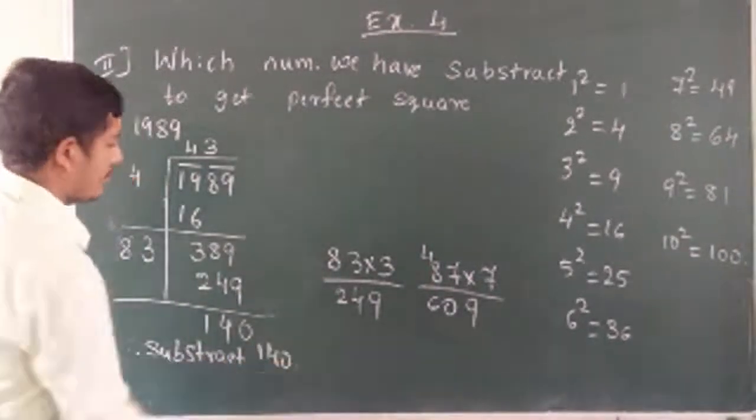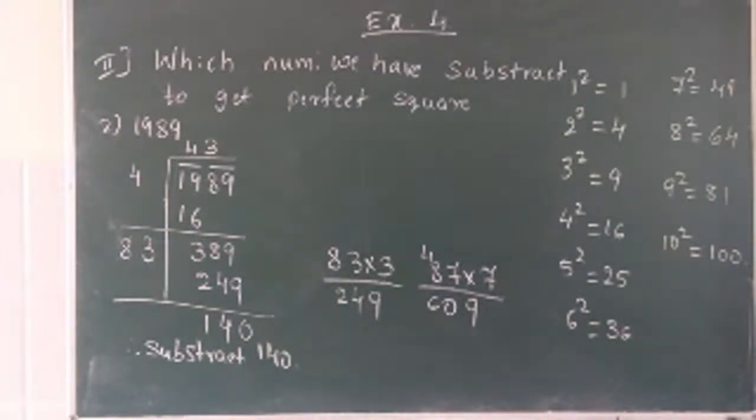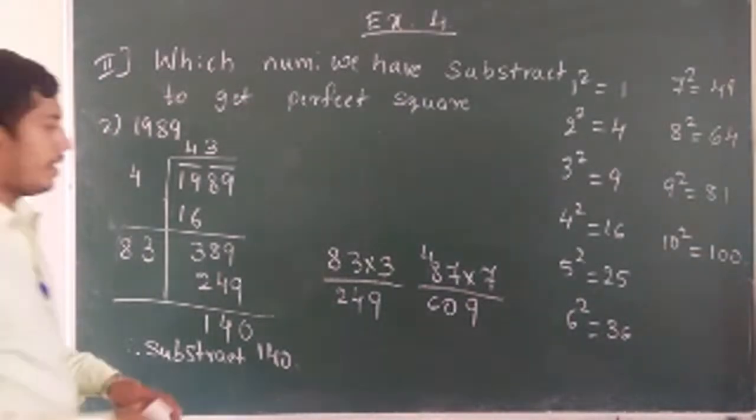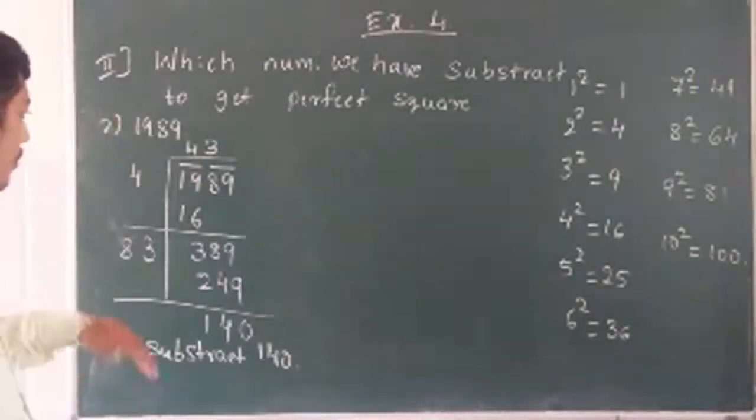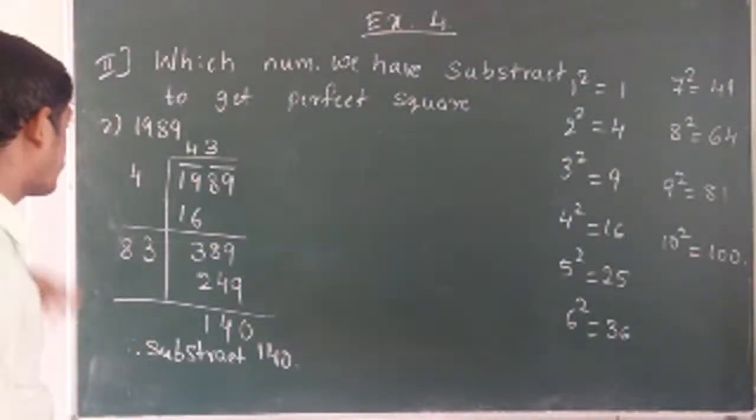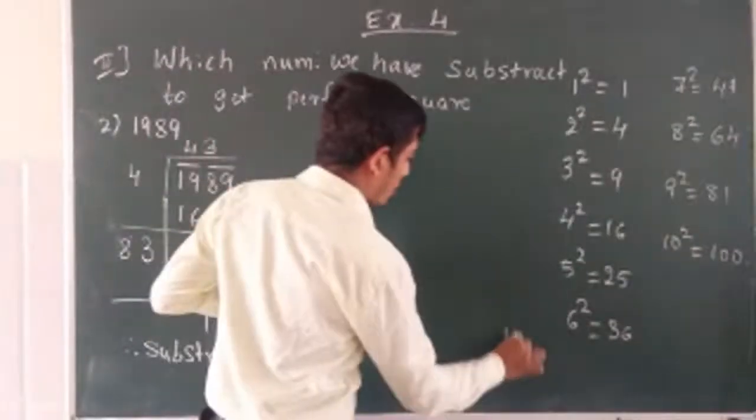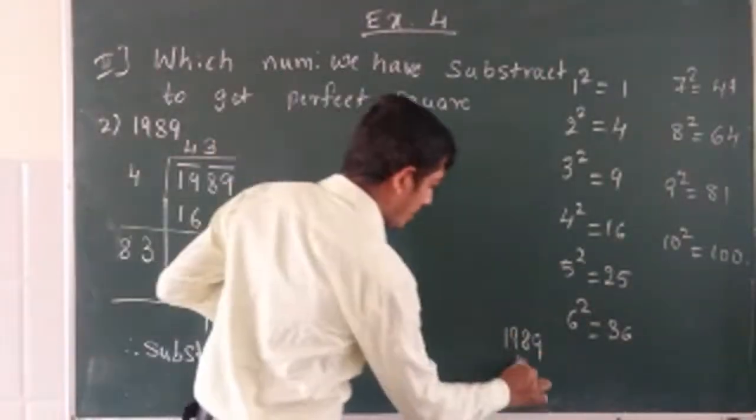Now find out the next steps. The next one, subtract 140, so it becomes 1989 minus 140.